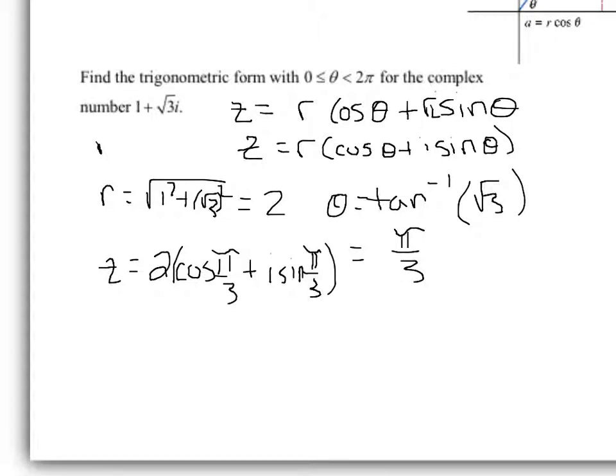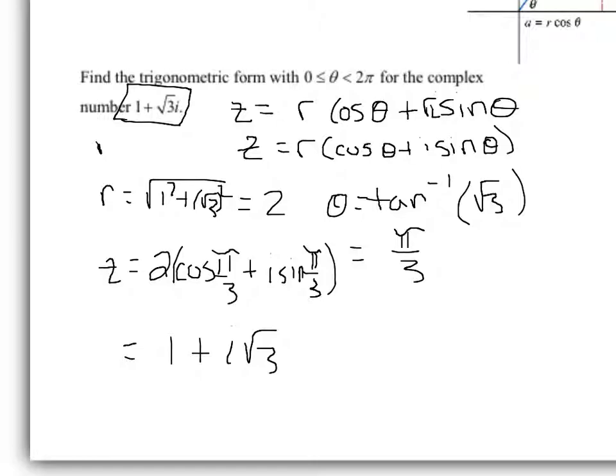So there's the trigonometric form. If they wanted the standard form, you'd just take the cosine of pi over 3. So cosine of pi over 3 is 1/2 times 2 is 1. Sine of pi over 3 is square root 3 over 2. So it'd be 1 plus i square root 3, which, see, that's what we got. Okay?